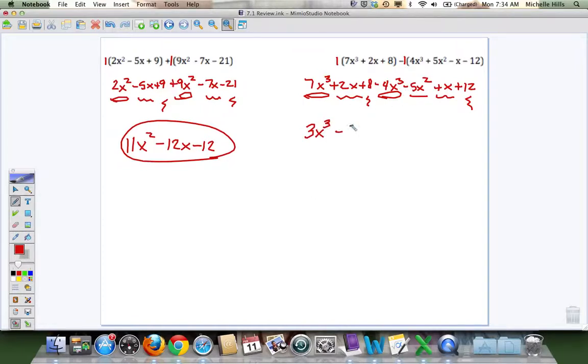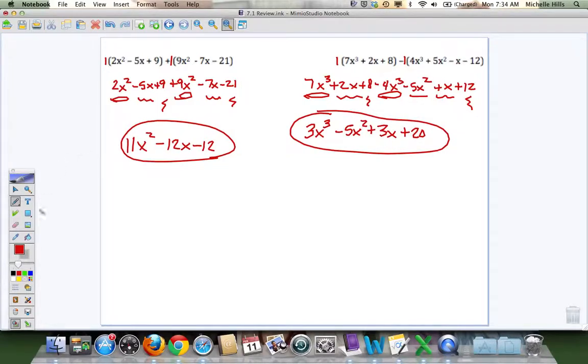I just have a minus 5x squared with nothing to combine it with. My x's, positive 2x plus 1x, that's a coefficient of 1, gives me a plus 3x. And my constants, positive 8 plus 12, would make this plus 20.